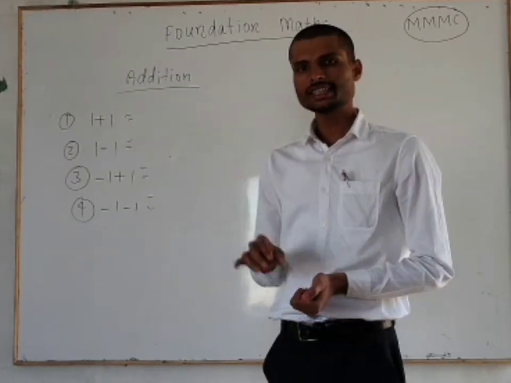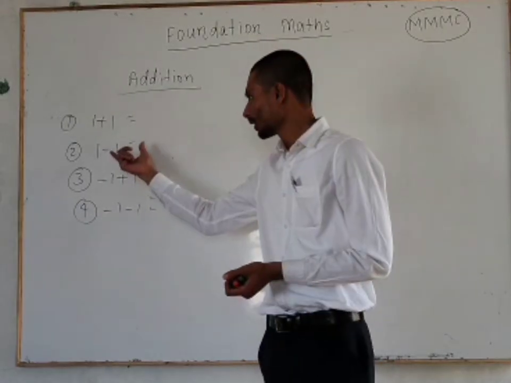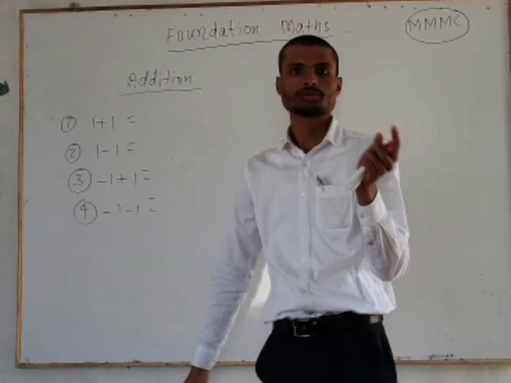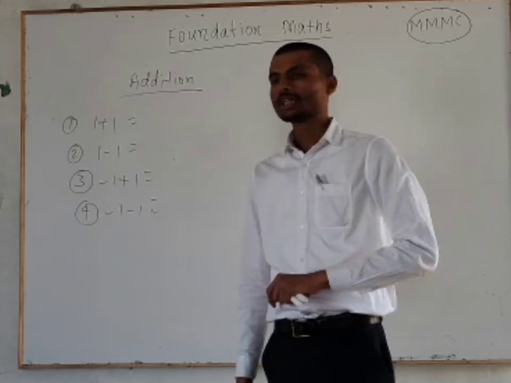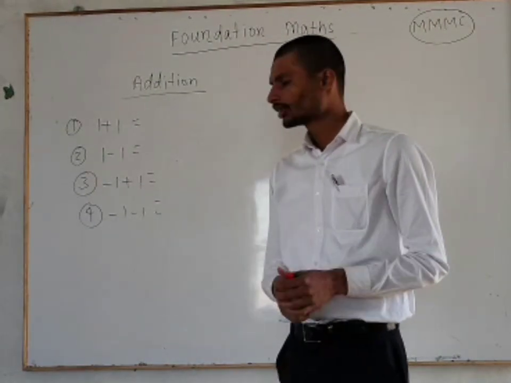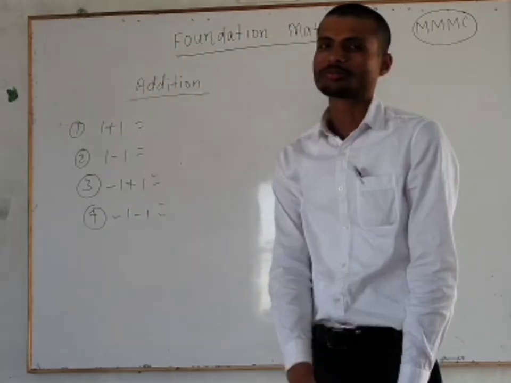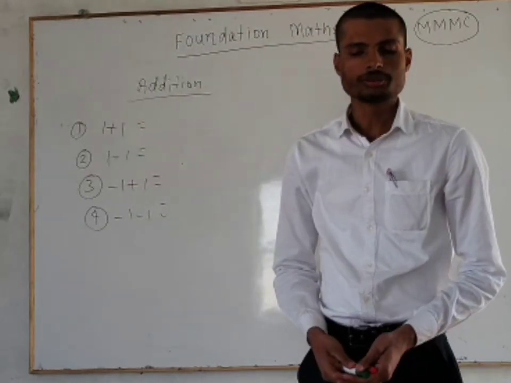These are only addition. The first is the addition of two positive numbers, the second is one positive and one negative number, the third is one negative and one positive number, and the last is the addition of two negative numbers. In them also, students are facing problems.